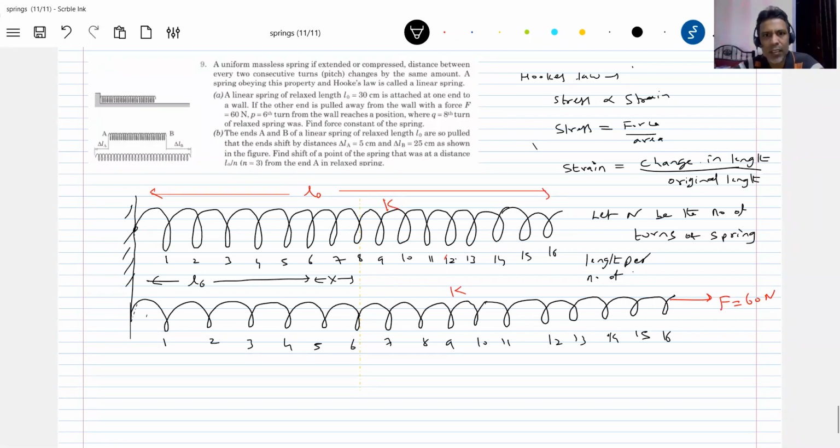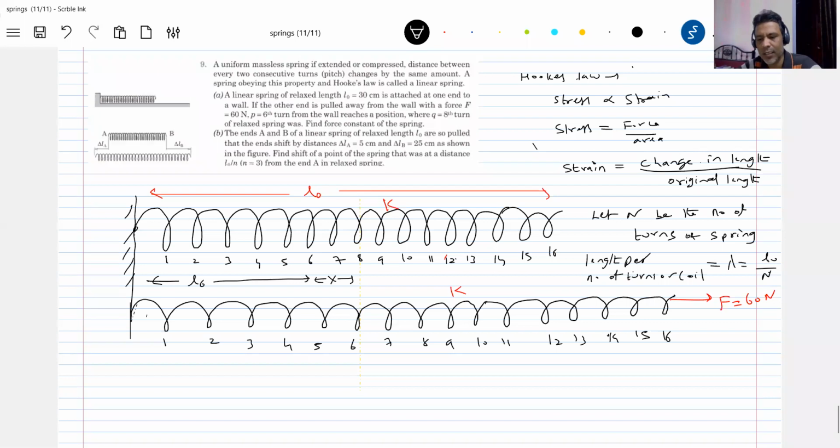Since we used the word turns, turns or coil. So shall we go for N by L naught? Oh, sorry, L naught by N. There's one assumption I'm making. And now, what is L6? Anybody? What is L6?